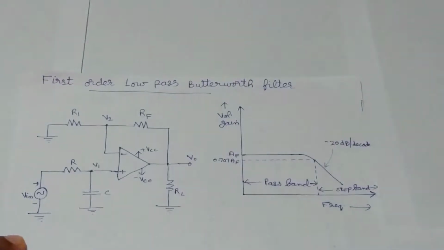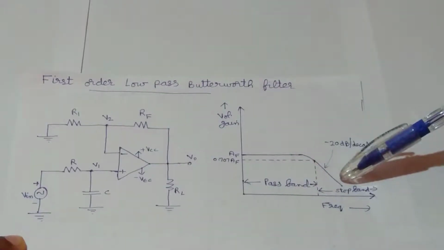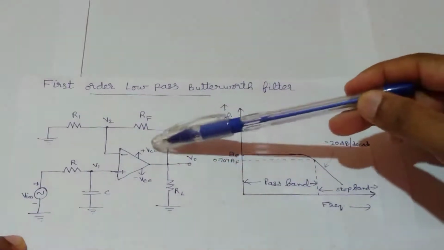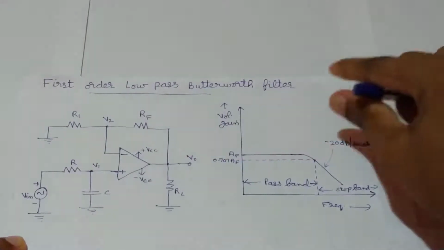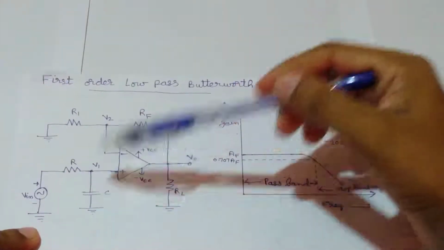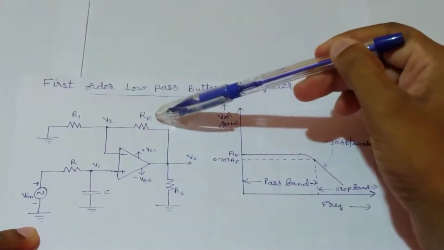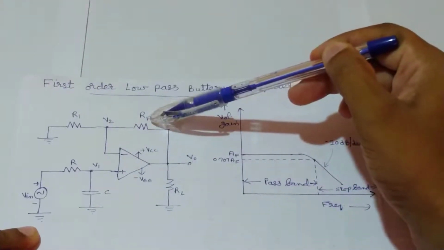A Butterworth filter means it has no fluctuations in the pass band and stop band. This is the circuit diagram for the first order low pass Butterworth filter. Here this RC network is used for filtering, and the R1 and RF resistors are used to provide the gain.